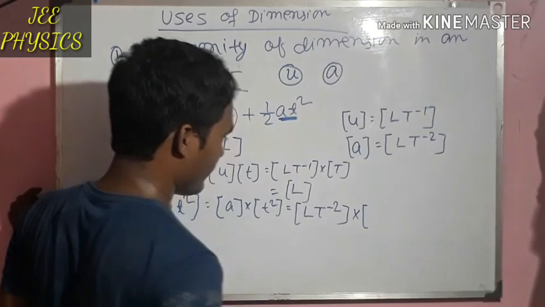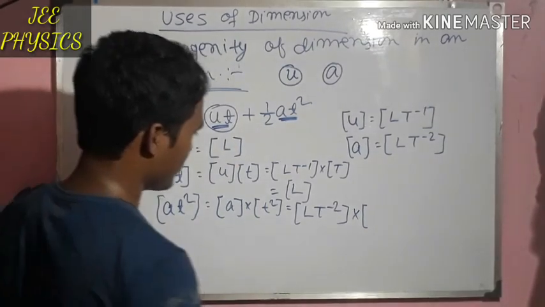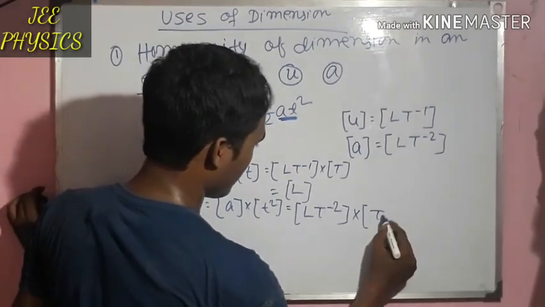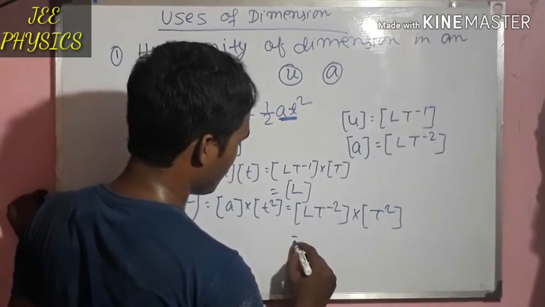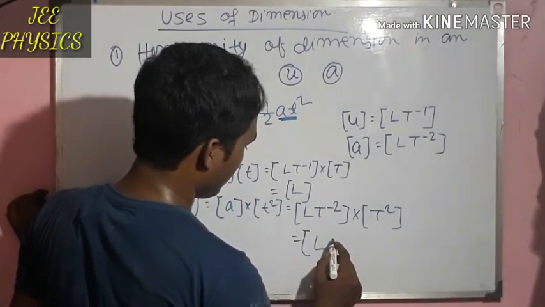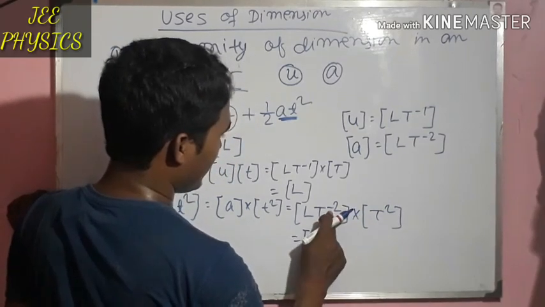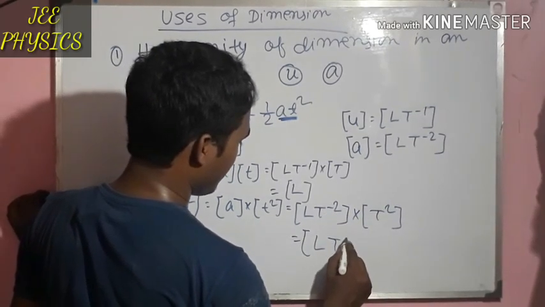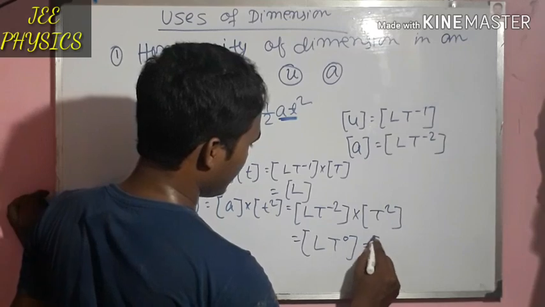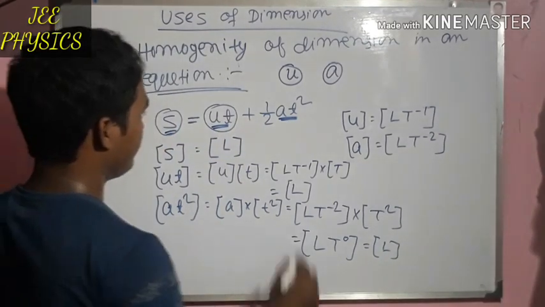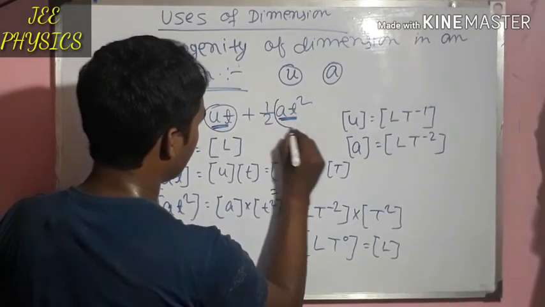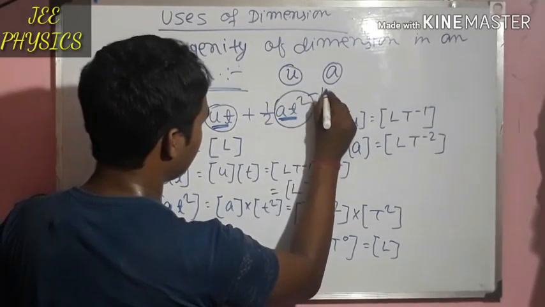I will give the link of the video in the description. The dimension of time square is t square. So L t minus 2 into t squared gives t to the power 0. So L t to the power 0. That means it also has dimension L.